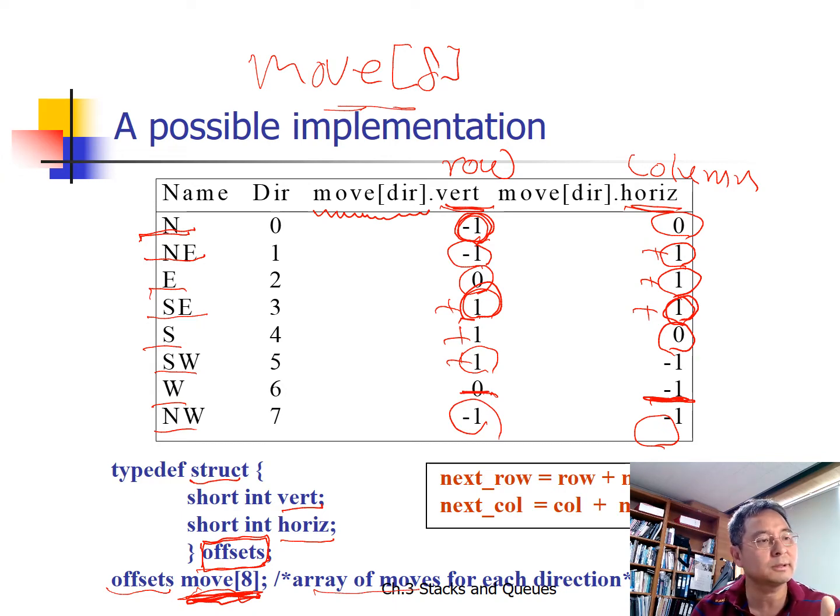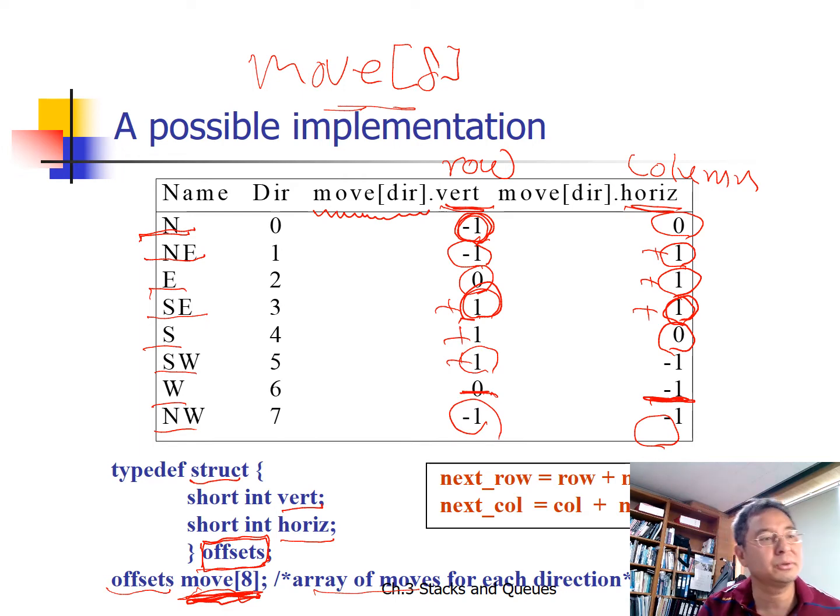So this move array of 8 means the 8 possible directions at the current position of the maze. It is a very systematic model of the maze problem now.